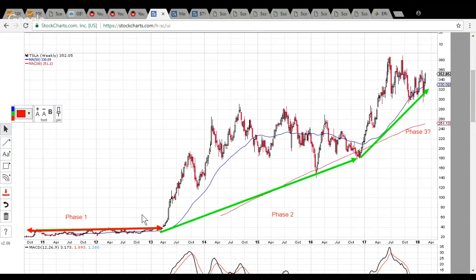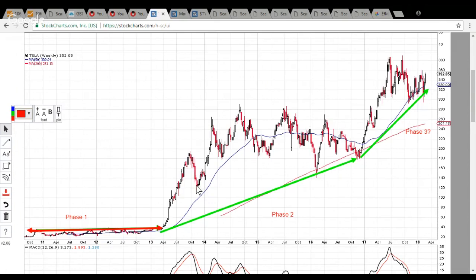Well, now we've gone from 1 out of 1,000 to 1 out of 4 with this acceleration. But where do you draw the line? Well, this angle, I happen to know, looked to me as being too sharp to be a phase 2. But it's a logical place to draw it.